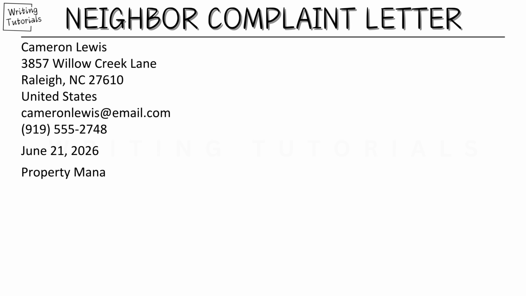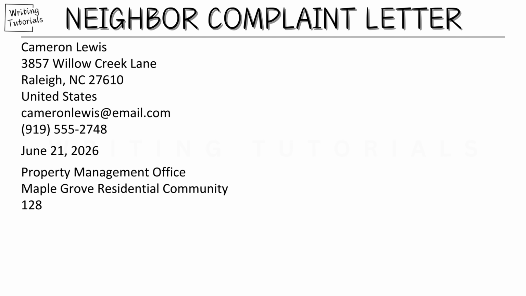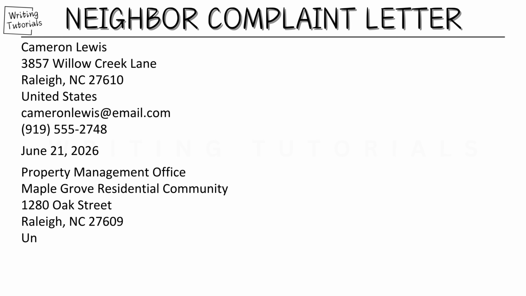Recipient information. Next, we have the recipient's information. In this case, the letter is addressed to the Property Management Office of Maple Grove Residential Community, along with the community's address. This ensures that the complaint reaches the department responsible for enforcing community policies and addressing resident concerns.